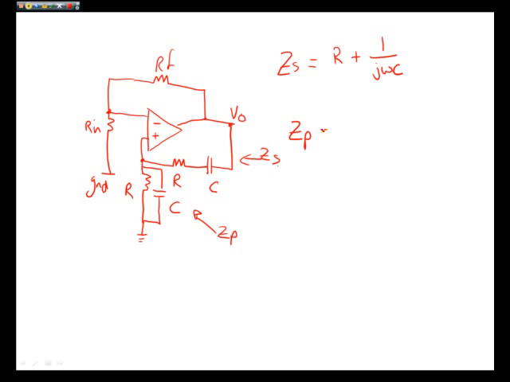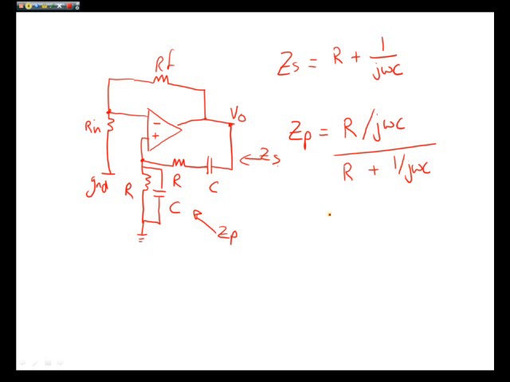Let's have a look at ZP, the parallel resistance. ZP is effectively R in parallel with C. So let's just use the product over sum rule: R divided by j omega C, all divided by, that's the product, now we need the sum, 1 over j omega C. Well, that's a little bit messy.